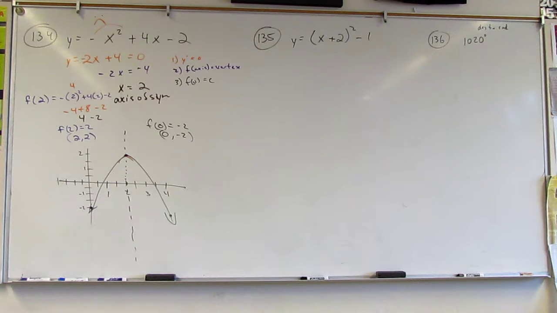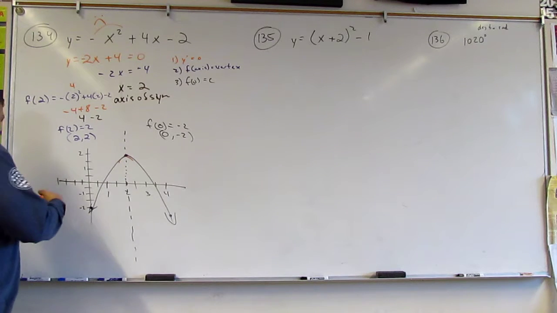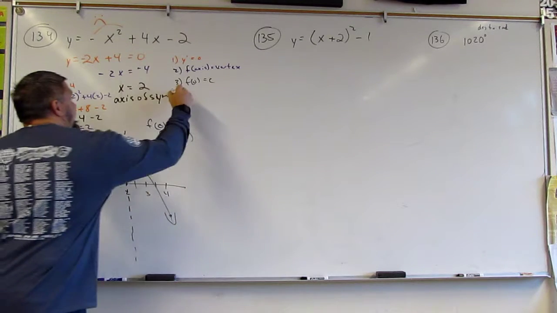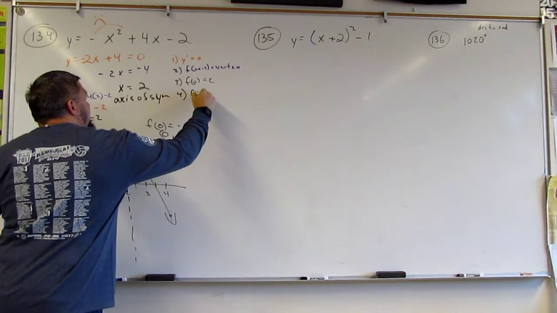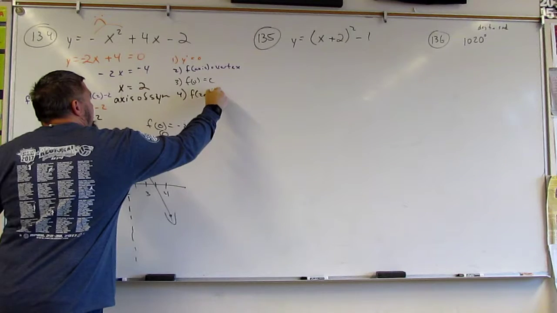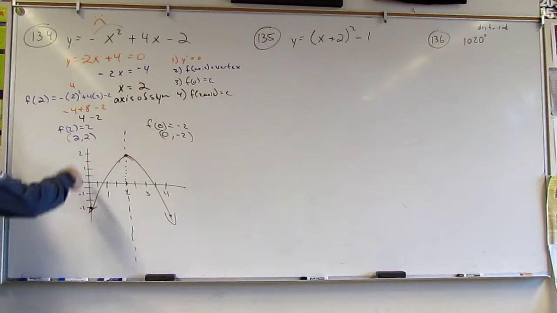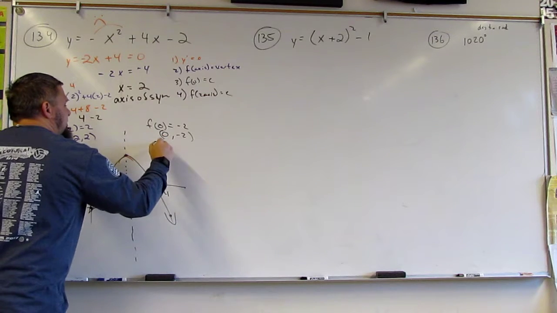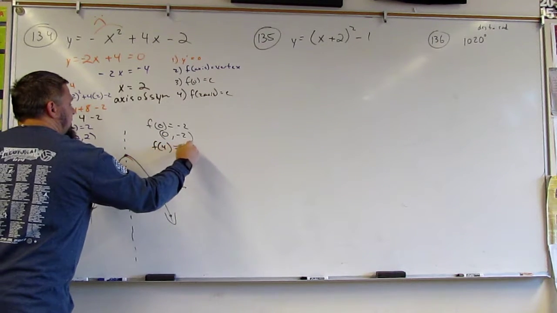I mean, that's easy. Now, what does that mean? That means that 4 is f of 2 times the axis is equal to c. That means that 2 times that 2 is 4 is equal to c.